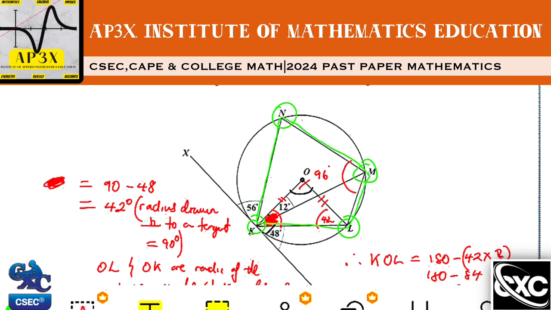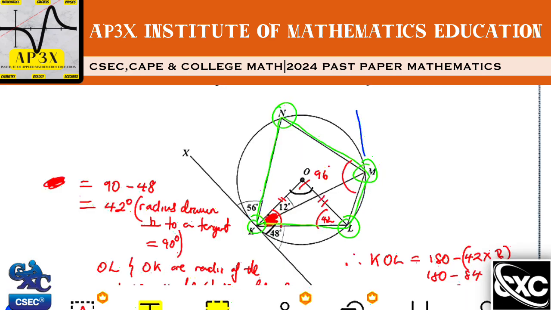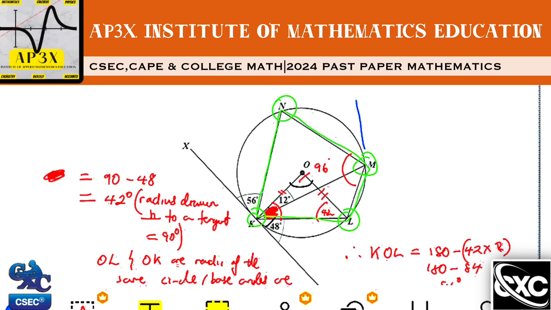And so one of the theorems for a quadrilateral inscribed in a circle is that the opposite angles are supplementary. So I know right away that this angle right here and this angle here are going to add up to 180.